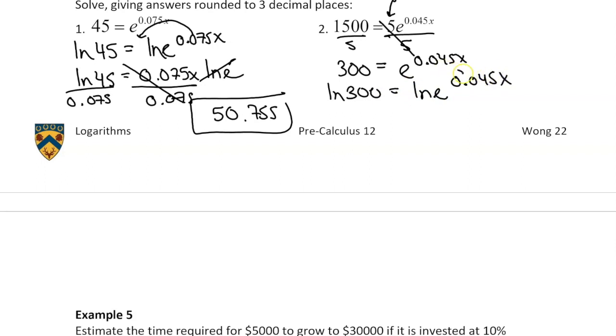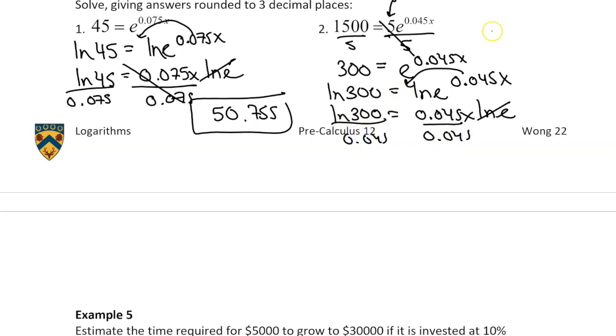Okay, and then you can kick this in front. Ln 300 equals 0.045x of ln e, and very similar types of calculations. So you could just say ln 300 divided by 0.045, and if you do something like that, you get 126.751.